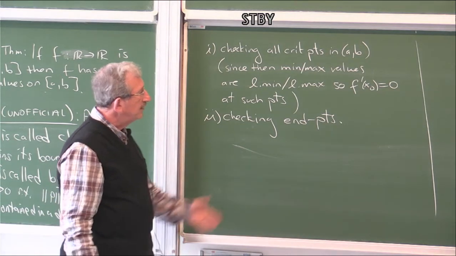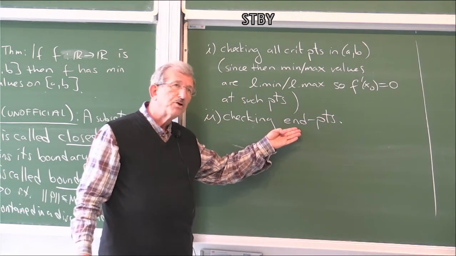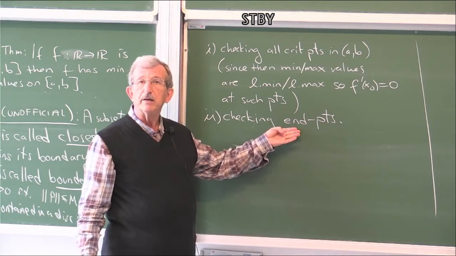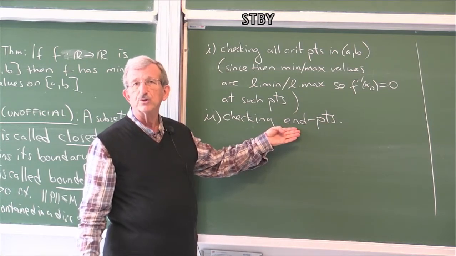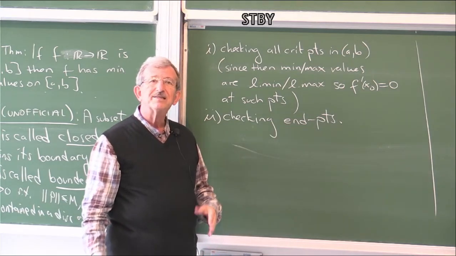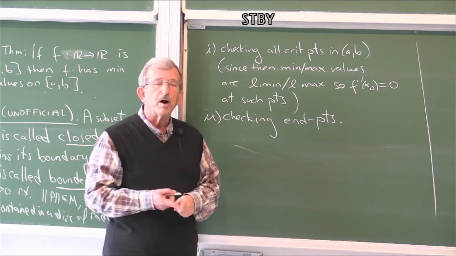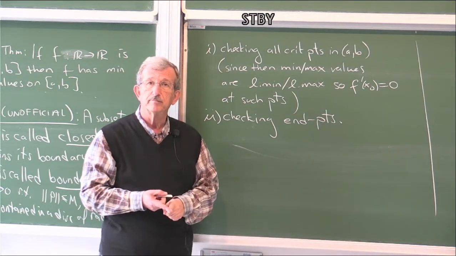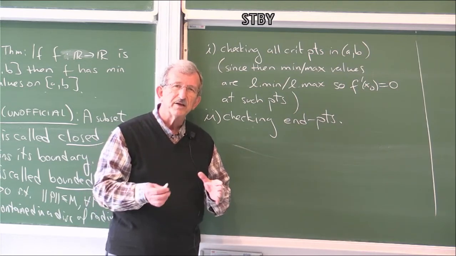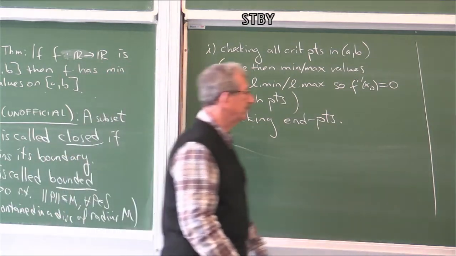And finally, we also have trouble with the second part. Well, for a function of one variable, we just had two endpoints, a and b. So it was easy to check them. But here, the endpoint concept is replaced by the boundary. And on the boundary, we have infinitely many points. So it's clear that some things must change. We must generalize in this sense.